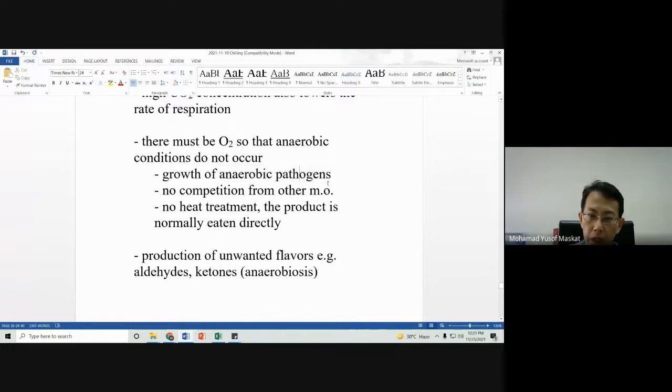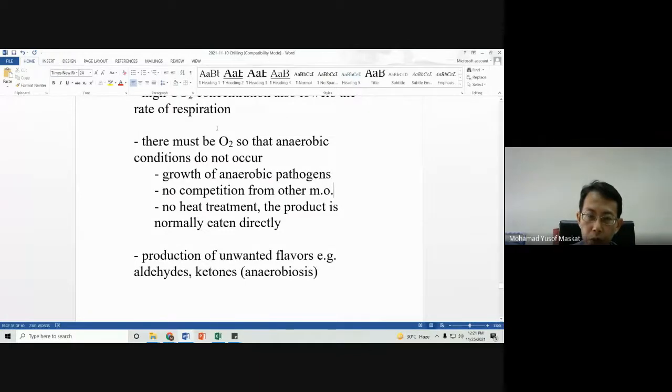Like I mentioned just now, spoilage microorganisms, even though we don't like them, are actually quite beneficial as a hurdle or a warning or an indicator that we should not eat that food.